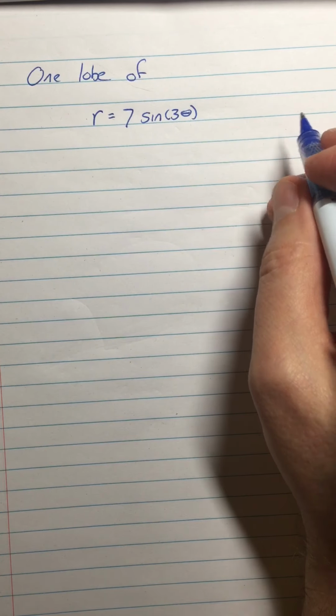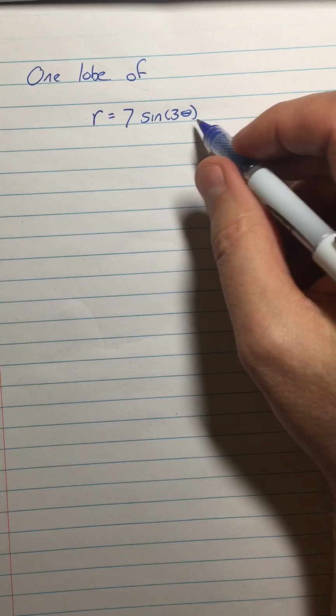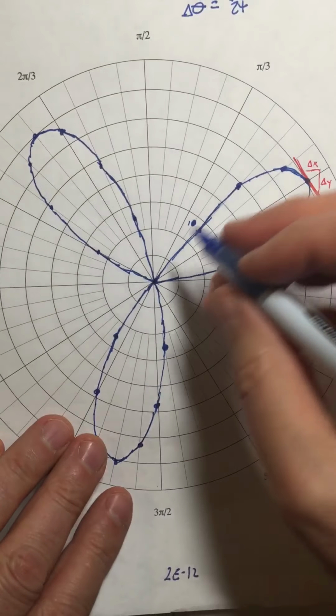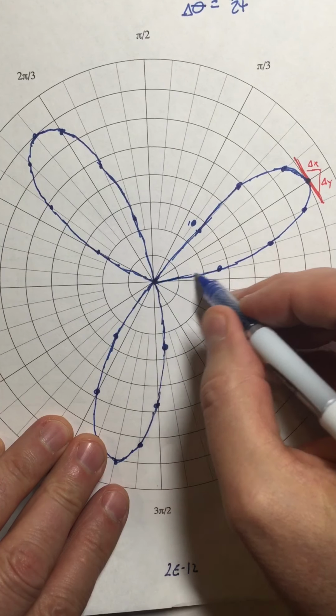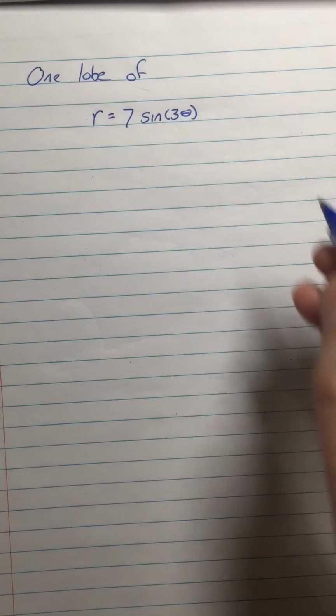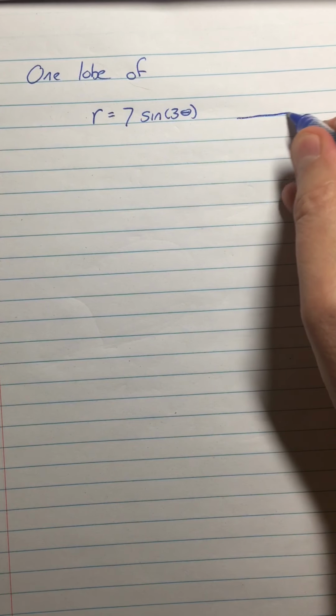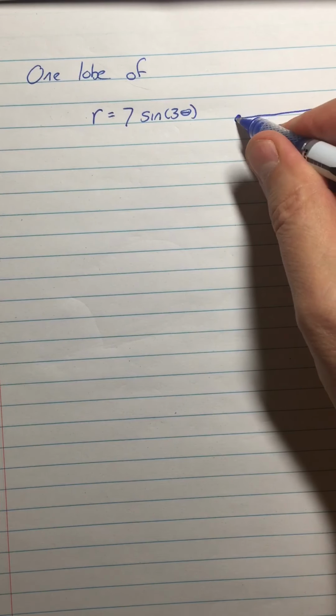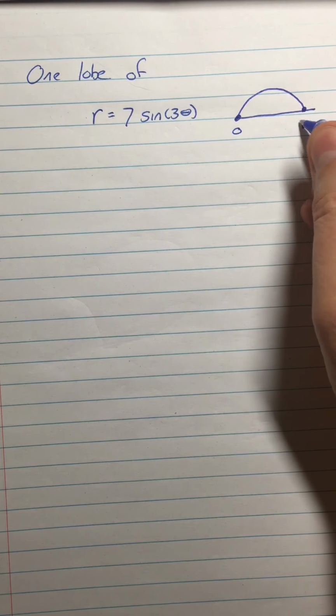Okay, but here's a way you can analyze that better if you didn't have as much information. You think, this is sine of 3 theta, right? And I want to know, what is the first time we go from 0 to 0? Well, how does sine of theta go from 0 to 0? Sine of theta starts at 0, goes up and then comes down to 0, and does that from 0 to pi.